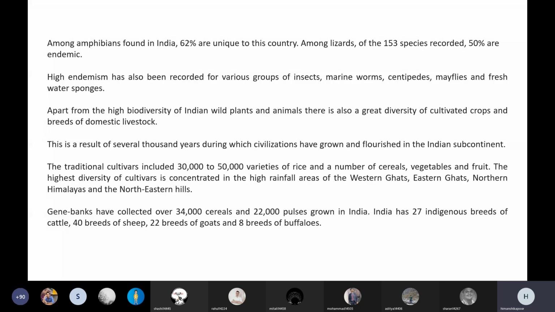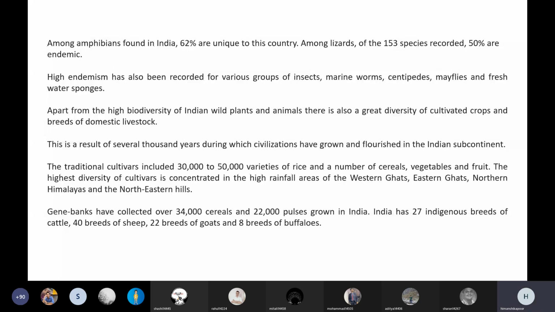And if we see lizards, then 50% are endemic to India. Then endemism is also there for insects, marine worms, centipedes, flies, and freshwater sponges. So for all these life forms also, there is a high degree of endemism.